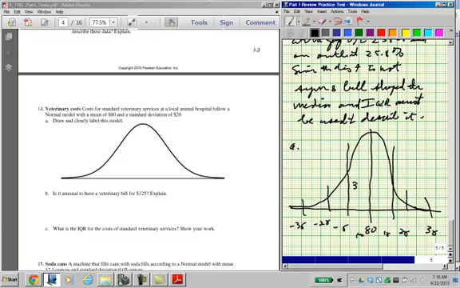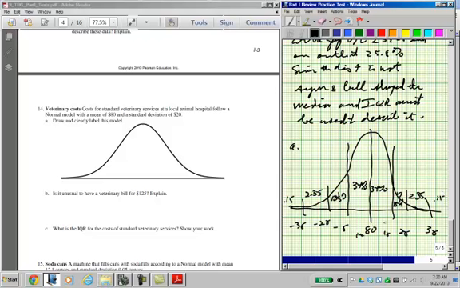And we got 34%, 34%, 13.5%, 13.5%, 2.35, 2.35, that's between 2 and 3, and then 0.15% takes care of everything else. Okay, is it unusual to have a veterinary bill of $120? Well, here's 80.